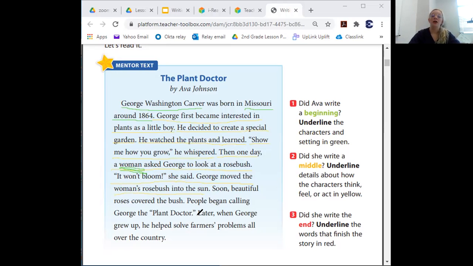For number 3, I just decided to underline this last sentence in red because that's how Ava finished the story by saying later, when George grew up, he helped solve farmers' problems all over the country. That wrapped it up for us.